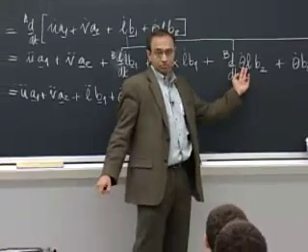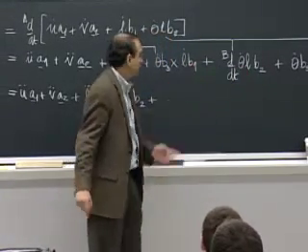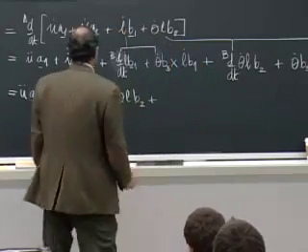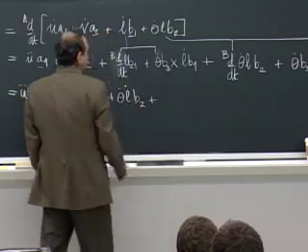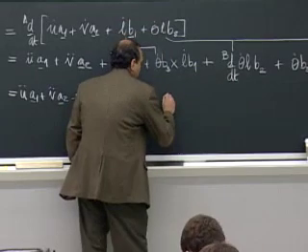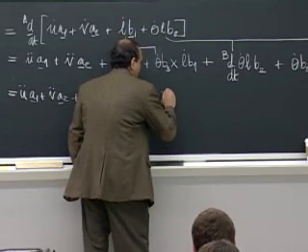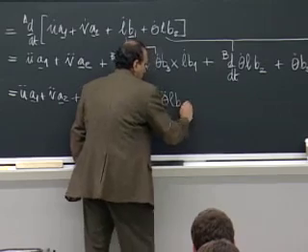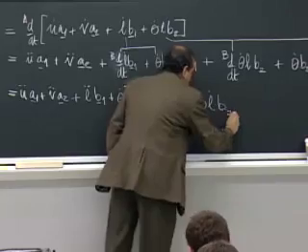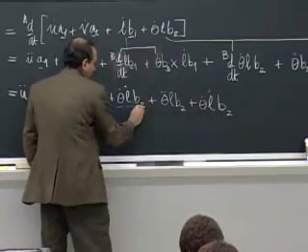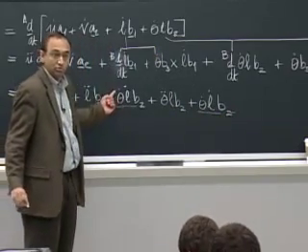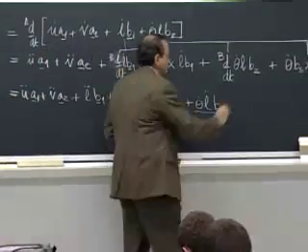Because there are two terms you have to take the derivative of. Here we get theta double dot L B2, plus theta dot L dot B2. By the way, you notice this term showed up twice. We'll remember that. Plus what is this?